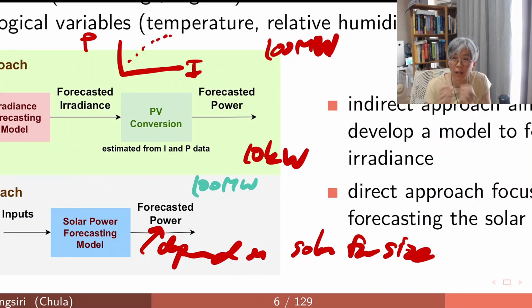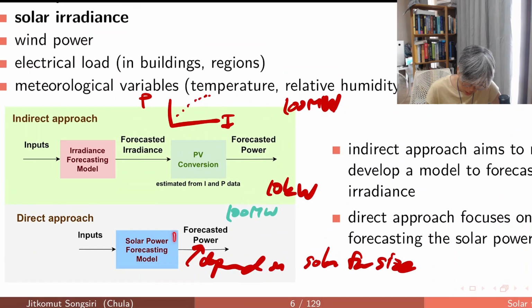You still need to work on how to tune or scale the output. But that depends on the description of your model as well, because typically the input of this model may be a function of historical forecasted power.